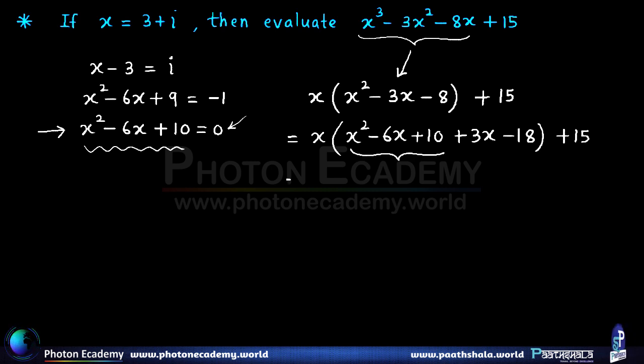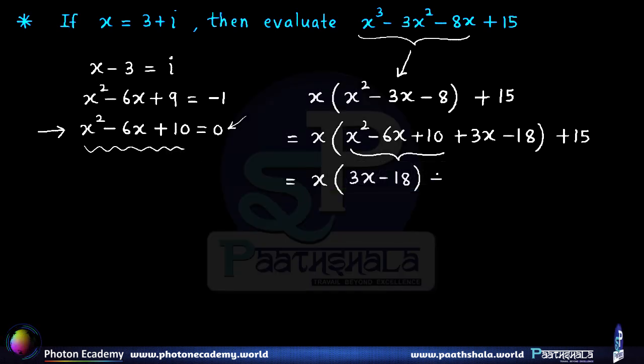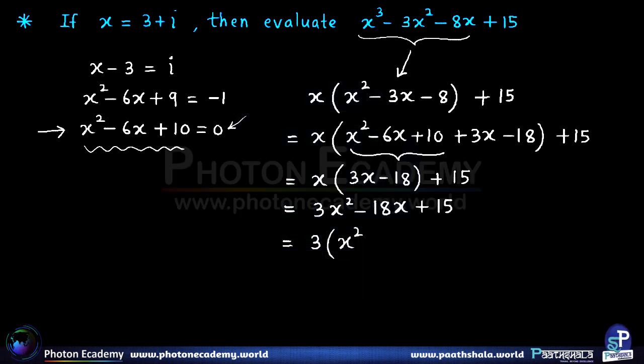Now this part becomes 0, therefore we are left with 3x minus 18 plus 15. So on expanding we get 3x square minus 18x plus 15. Now once again let's take 3 common because we want to adjust that quadratic expression. So we get x square minus 6x plus 5.